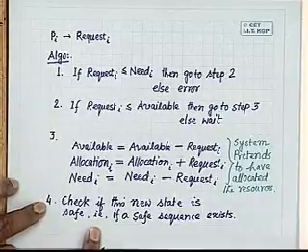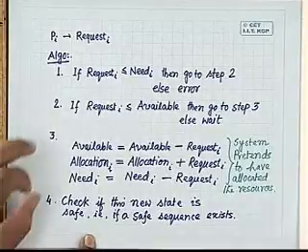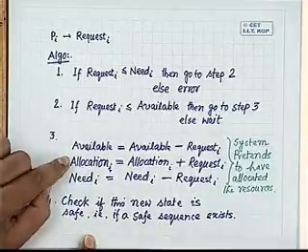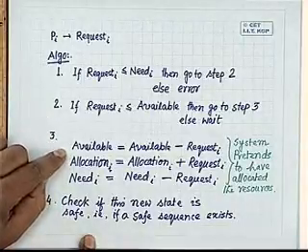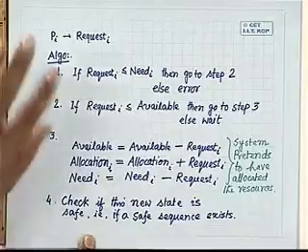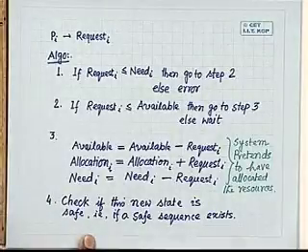If we find that a safe sequence exists even in this new state, then we can physically allocate the resources. Then only you go for the physical allocation of resources.